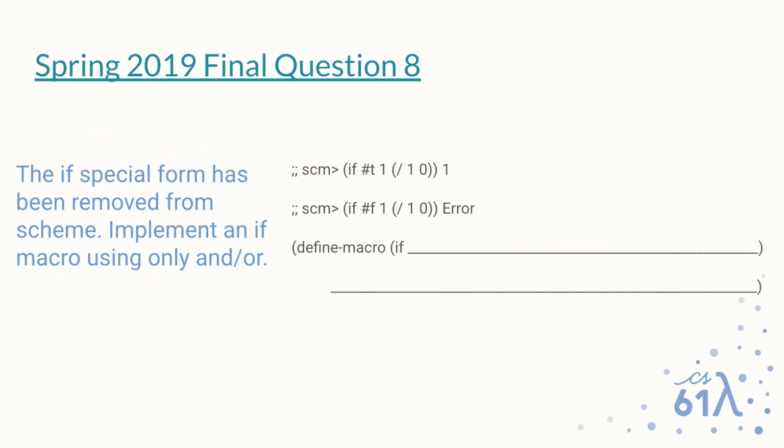We got a second one that's a little harder. They've robbed us. They've taken if from us. So we got to recreate it with or and. Like 4 minutes, maybe 4 minutes will do.